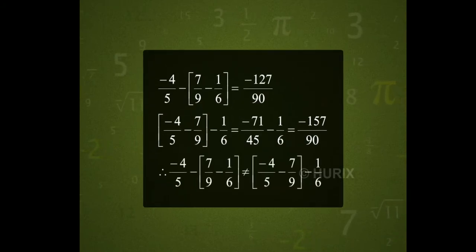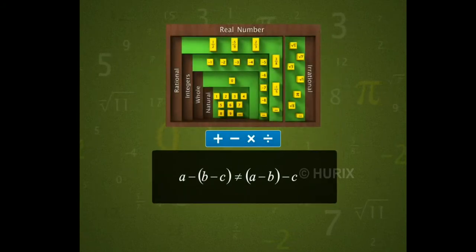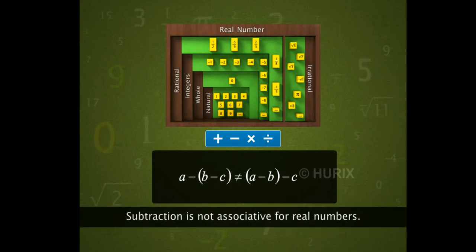Notice that the answers are not the same. Therefore, for any three rational numbers a, b, and c, (a - b) - c is not equal to a - (b - c). Hence, subtraction is not associative for real numbers.